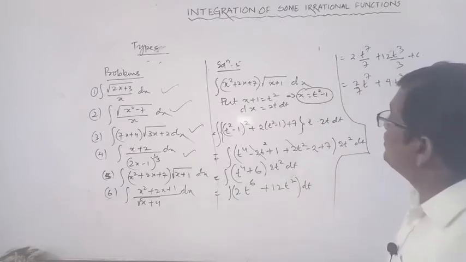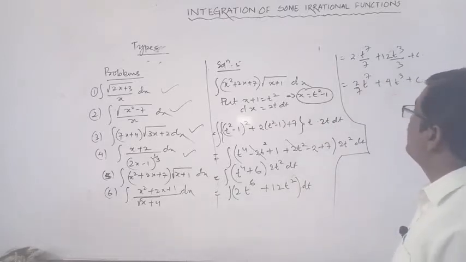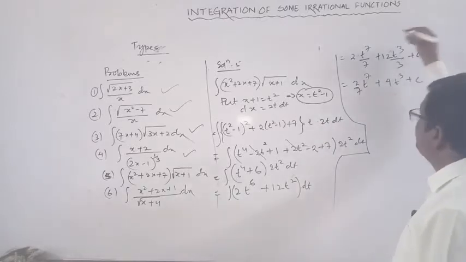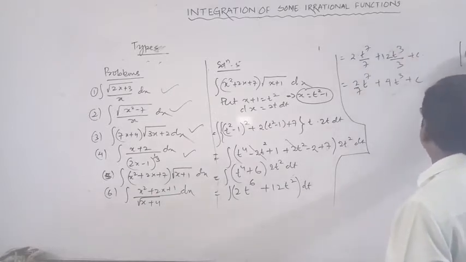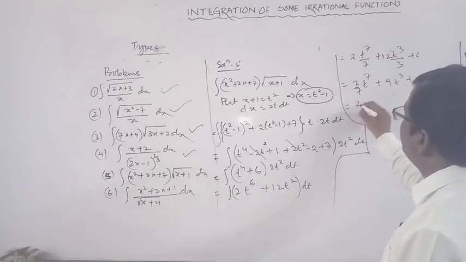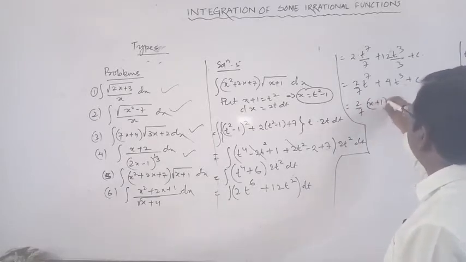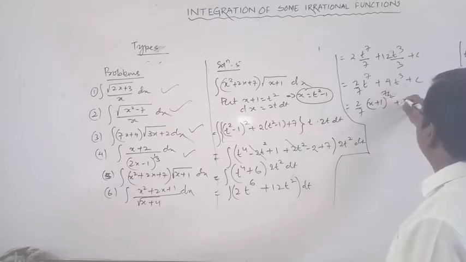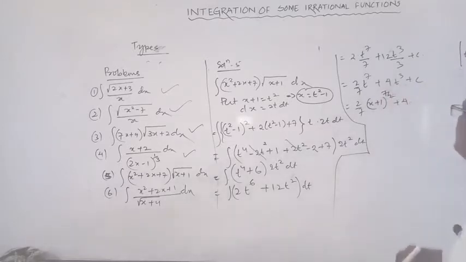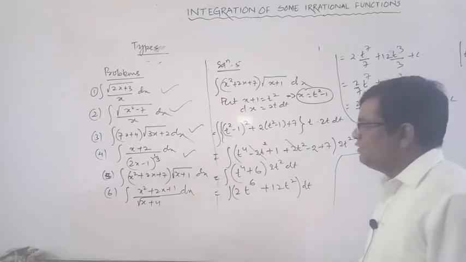What is t here? t is equal to root over x + 1. That is 2/7 (x + 1)^(7/2) + 4 (x + 1)^(3/2) + c. This is the answer. Now question number 5 is over.